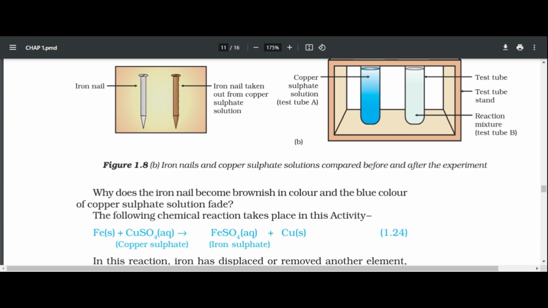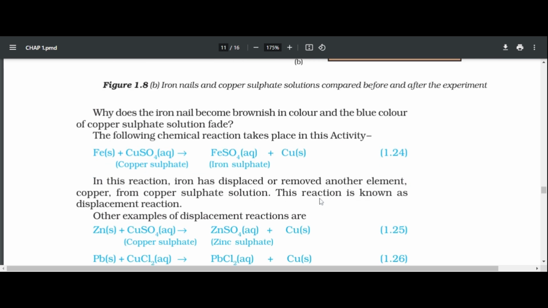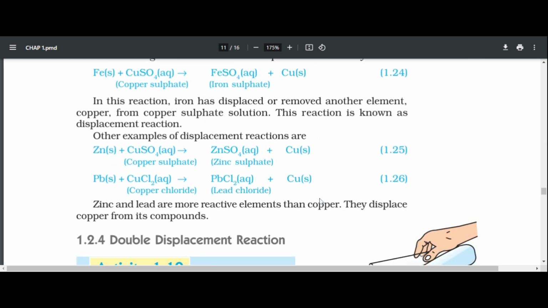Why does the iron nail become brownish in color and the blue color of copper sulfate solution fade? The following chemical reaction takes place in this activity. Fe(s) plus CuSO4(aq) gives FeSO4(aq) plus Cu(s). In this reaction, iron has displaced or removed another element, copper, from copper sulfate solution. This reaction is known as displacement reaction.